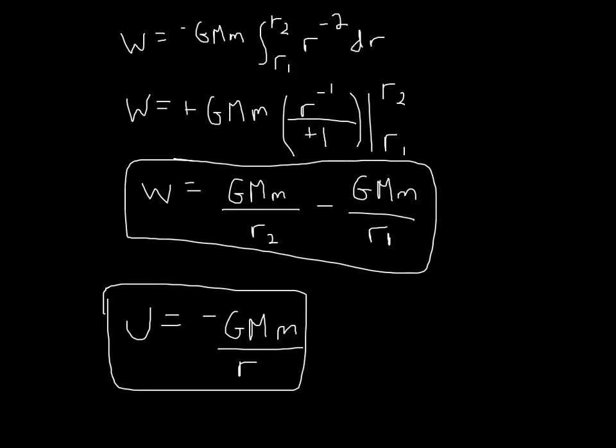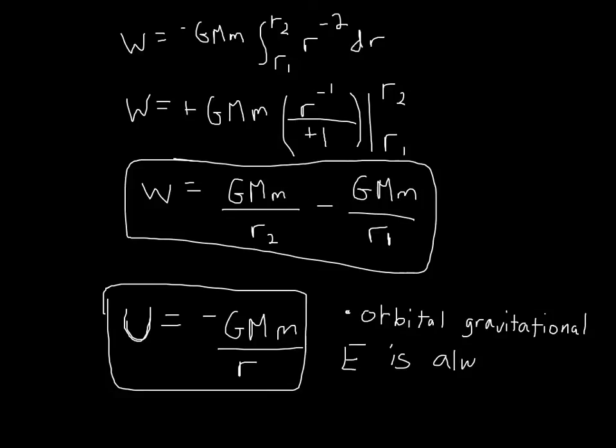And I got this by finding the work required to change the orbit of some object. And something to note is that orbital gravitational energy is always negative, which is a consequence of the force due to gravity always being attractive.